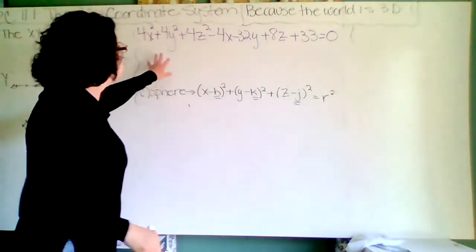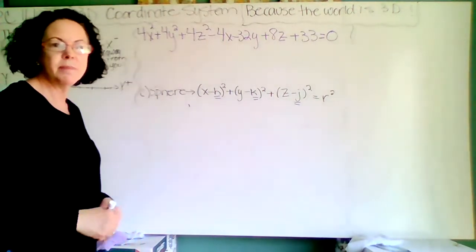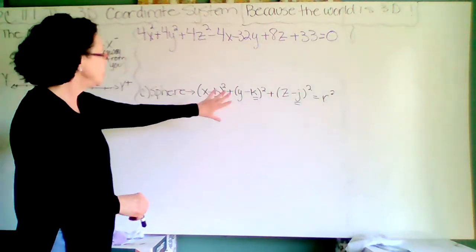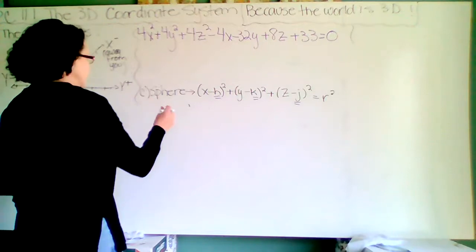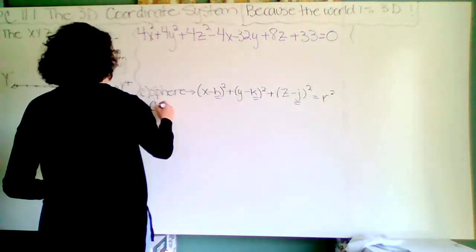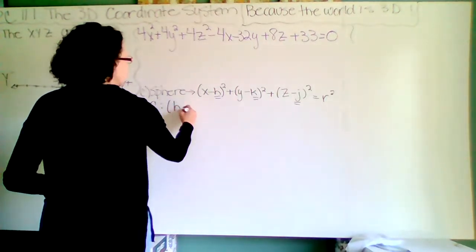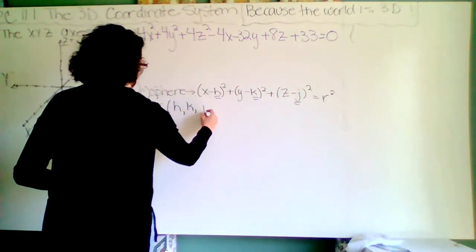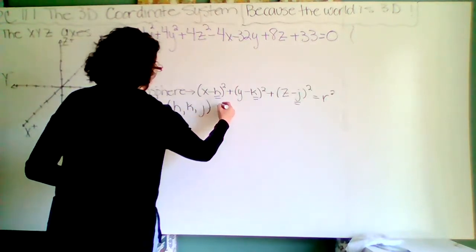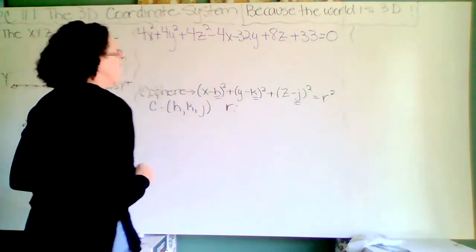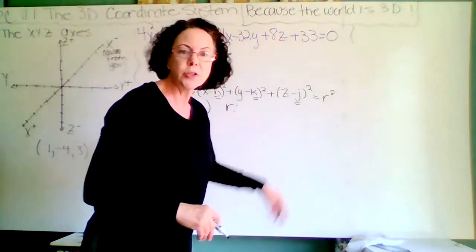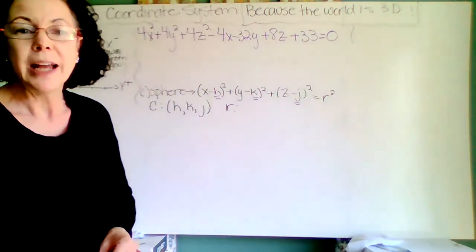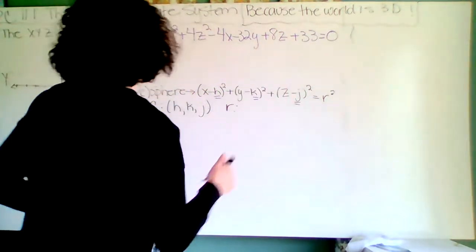Okay, so this was the equation of the sphere we've been given. I did keep the generic equation of a sphere here. They are asking us for the center, which is h, k, and j, and the radius. All right, so if you notice, we have 3 perfect square binomials. So let's work on that, and a constant on the right.